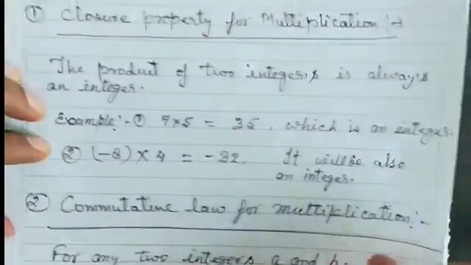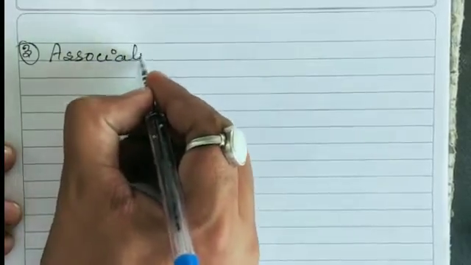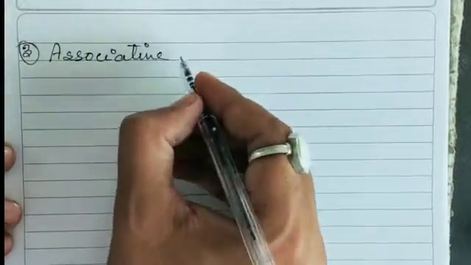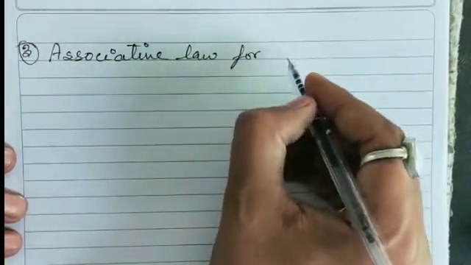Now I come back to the third property. It is known as the associative law for multiplication.